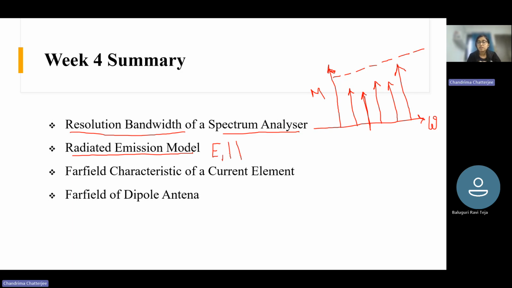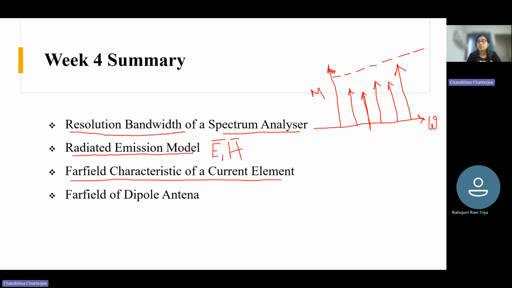We will have to find out what the electric field due to radiation is, radiated EMI. Okay, not conducted EMI, specifically radiated EMI. So what is E, what is H? We can find out.